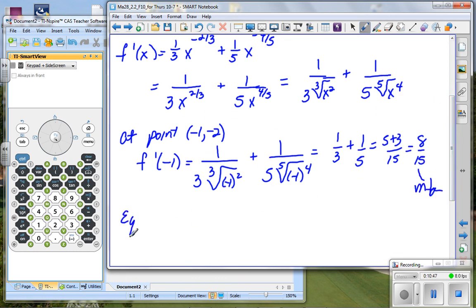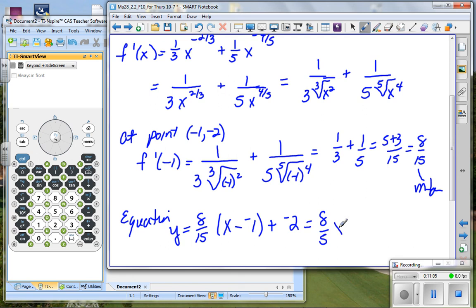So the equation then is going to be y equals 8/15 x minus a negative 1 plus negative 2, or 8/15 x plus 8/15, the opposite of negative 1, plus negative 2.